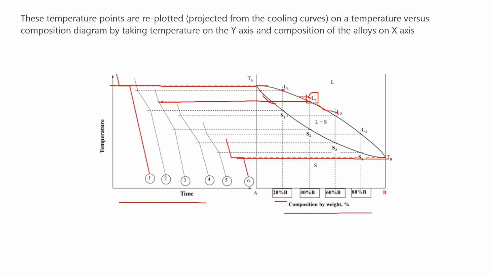Later on these liquidus points are joined with each other at different compositions, below which each curve is plotted at 40% B, 60% by weight B, 80% by weight B, and the phase diagram is obtained.